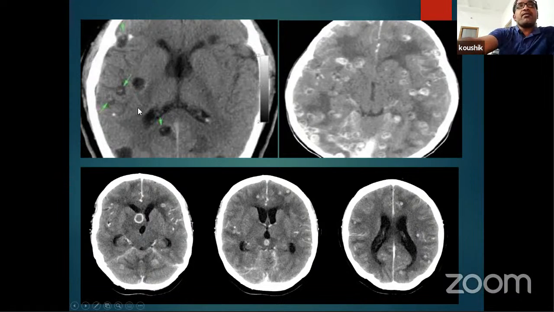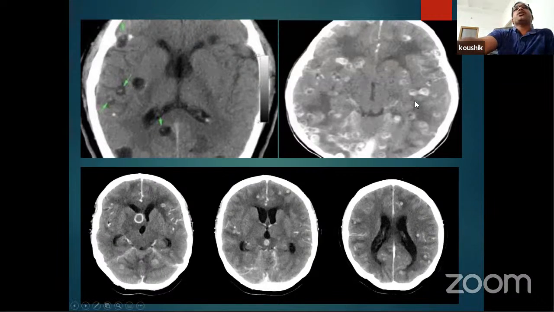In the vesicular phase, we'll find an NCC like this, a hypodense area with a small hyperdense dot. This hyperdense dot is nothing but a scolex. A hypodense area with a hyperdense dot, we can say it is an NCC.